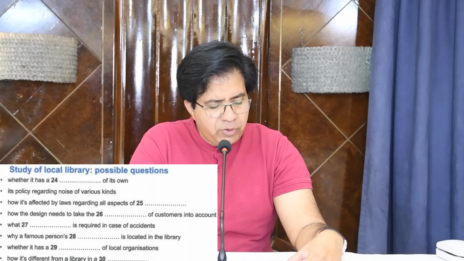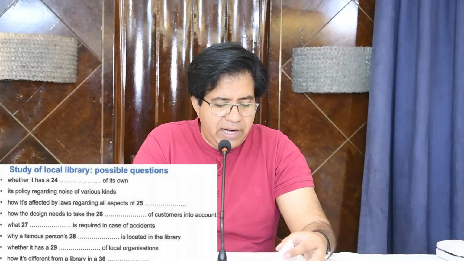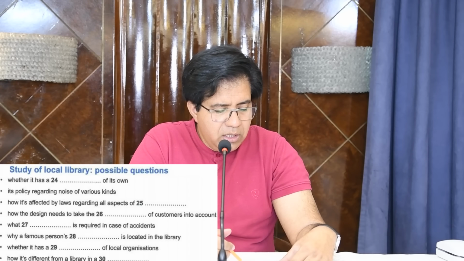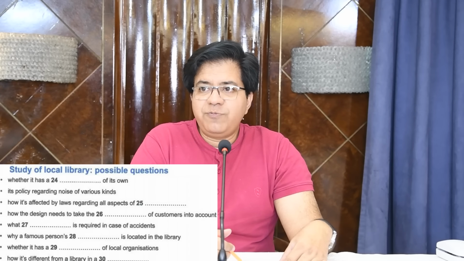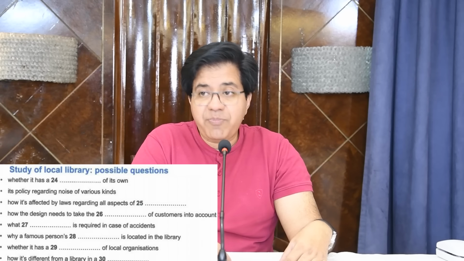Question number 24 to 30, write one word only for each answer. Now there is no number and only one word. Study of local library, possible questions. Whether it has, what do they mean by it? Yes, it means library.